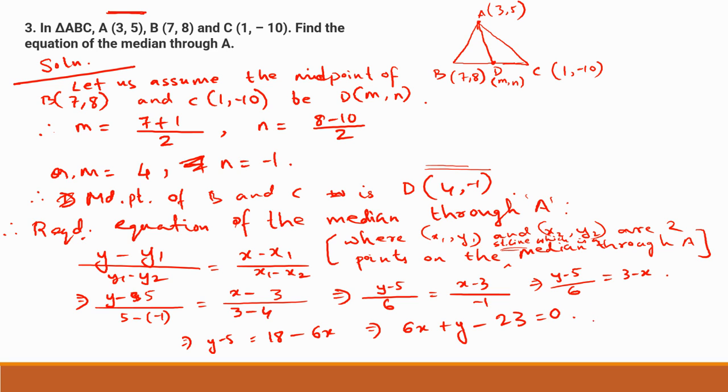So this is the answer. Hence the equation of the median through A is 6x plus y minus 23 equals 0.